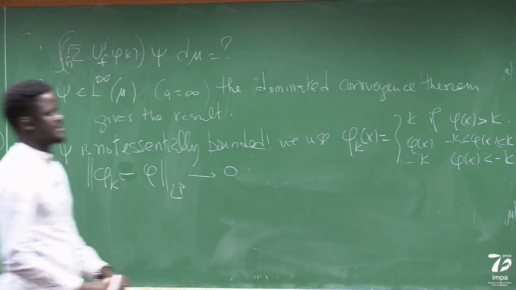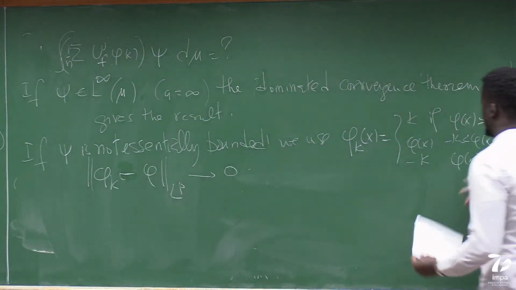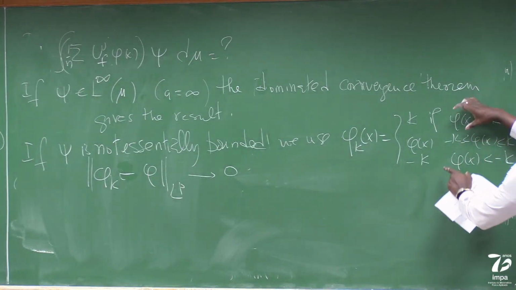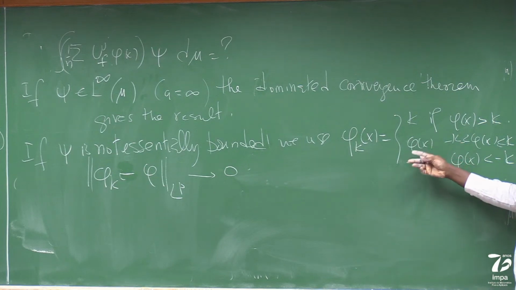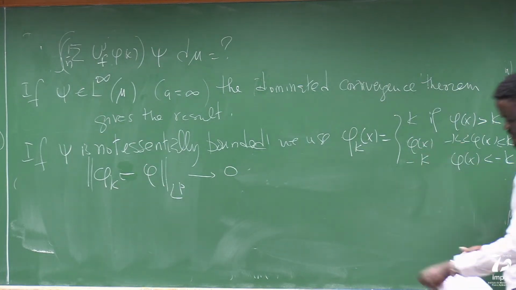This is because these sets of points have their measure going to 0. The set of points where the function differs gets smaller, so C_k gets closer and closer in L^p to this function.